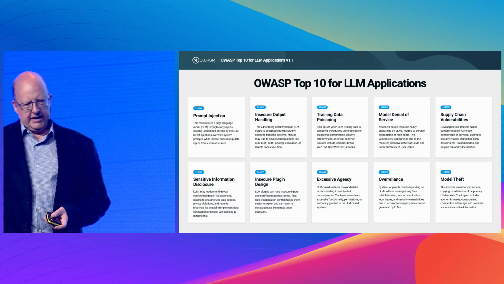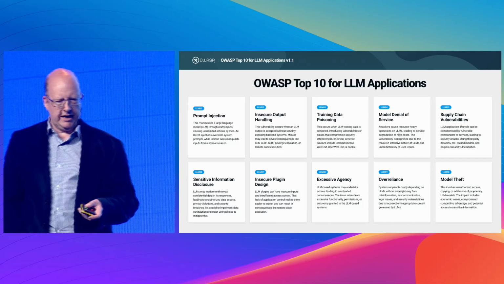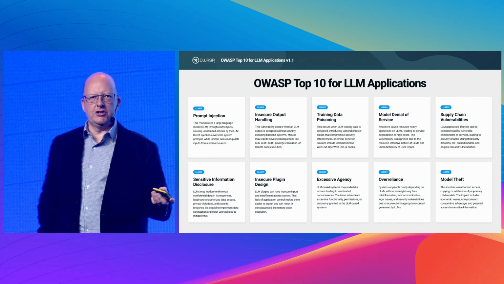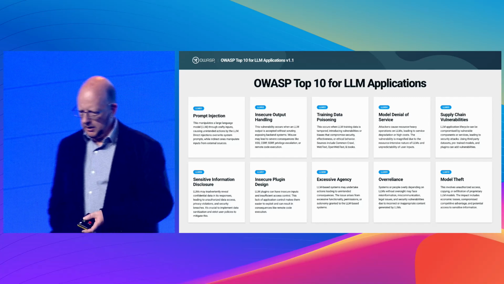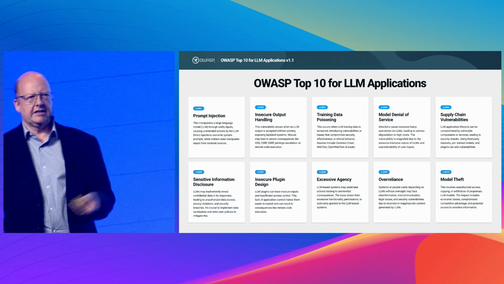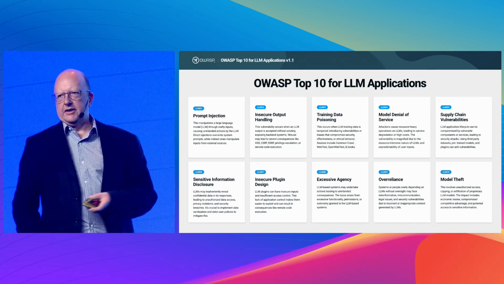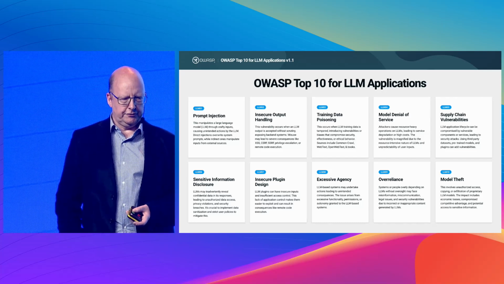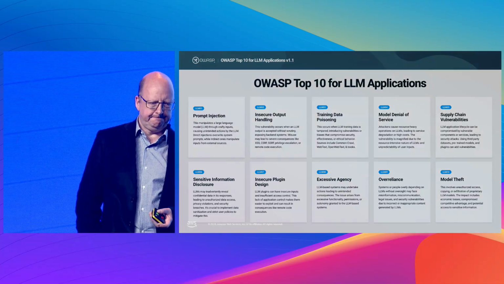Now, what you'll see is that there are some similarities to the OWASP Top 10 for web applications. Yes, there are. So things like prompt injection, things like insecure output handling, or we also have supply chain vulnerabilities and denial of service. Similar topics, but framed very much in the parlance of generative AI and large language models. And we'll touch on this as we go through the rest of this.